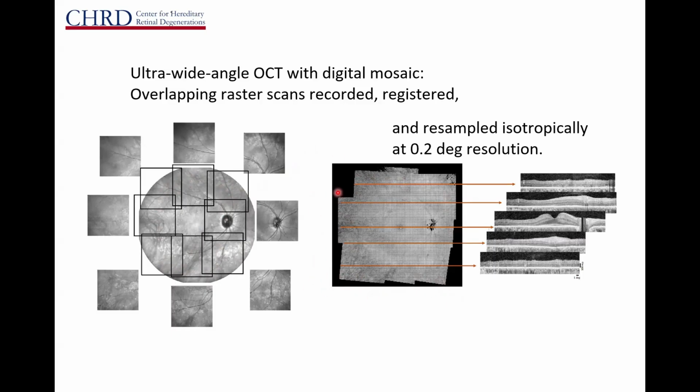They can be resampled isotropically at 0.2 degree resolution. And these pseudo B-scans can be performed in either horizontal, vertical, or diagonal directions to be able to look at the spatial distribution of these unusual forms of transition zones that extend in different directions and have different forms.